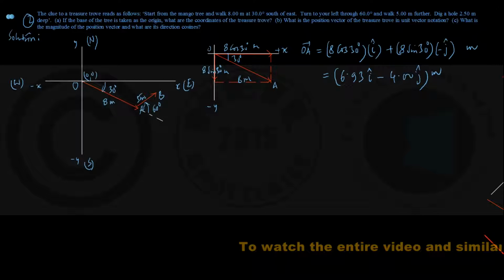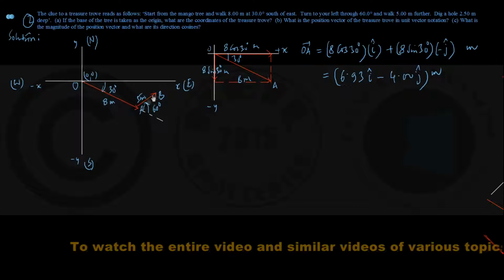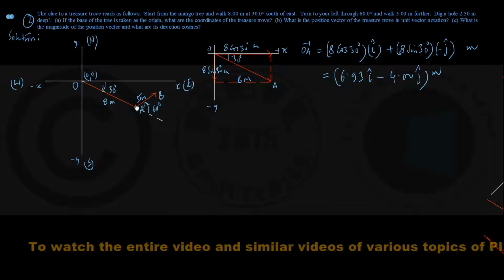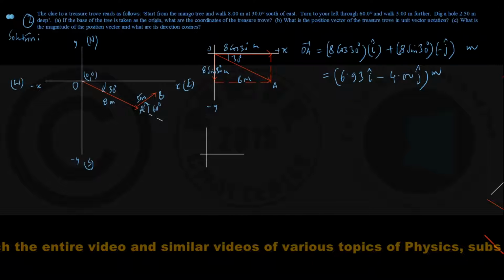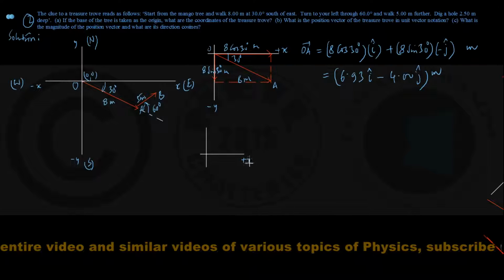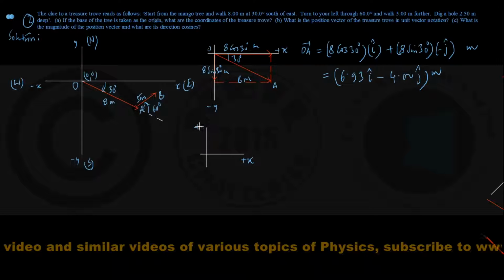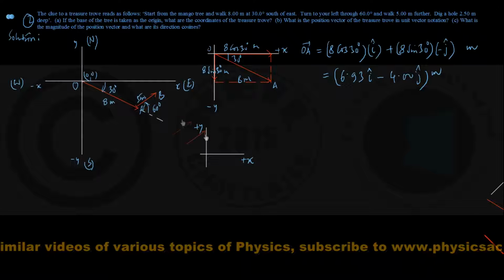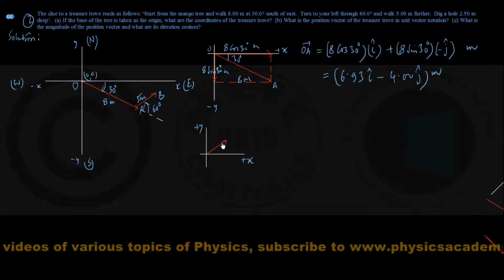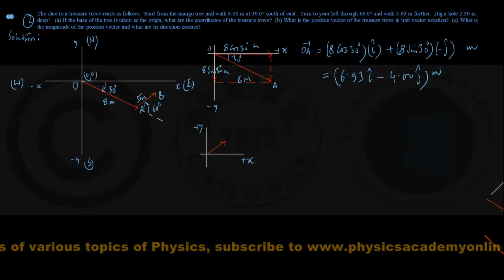Similarly, we can once again resolve the next displacement, that is AB. As you can see, the direction of AB is such that it has a plus x component and a plus y component. Therefore, I draw a separate coordinate system with a plus x axis and plus y axis, and let me place this displacement AB so that its tail coincides with the origin.